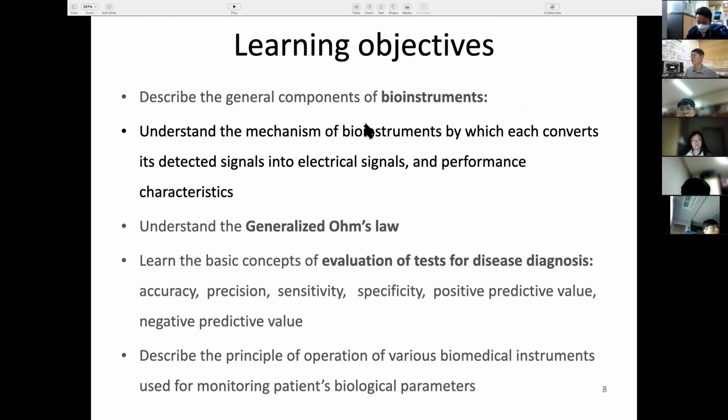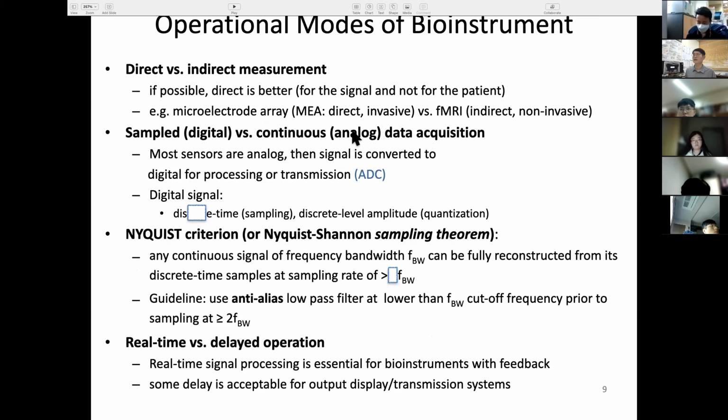So with that, I want to discuss a little bit of the instrument operational modes. When we are measuring signal, a direct measurement would always be better, and that doesn't necessarily mean it's good for the patient. For example, let's say I want to measure brain waves, the electrical signal of the brain.